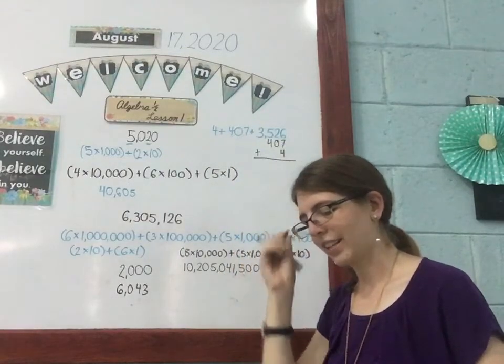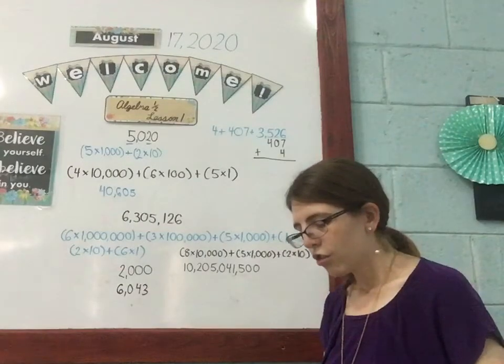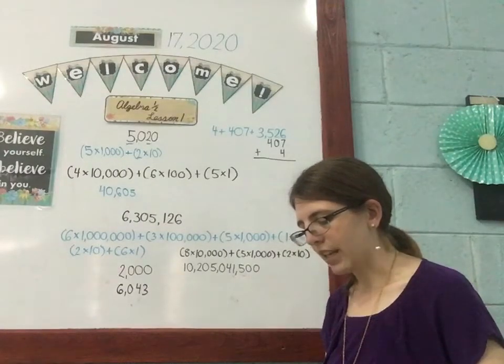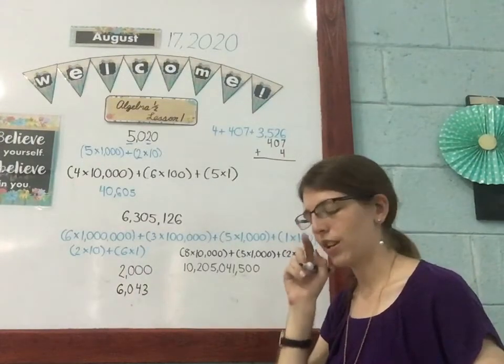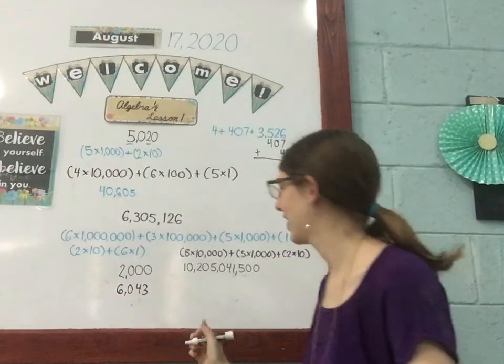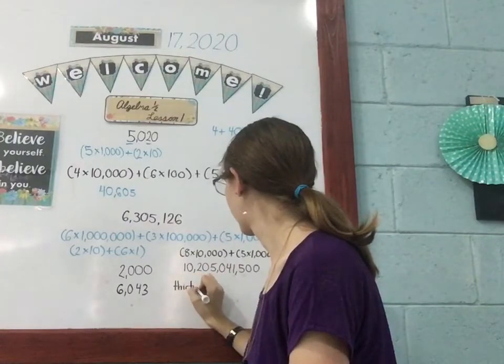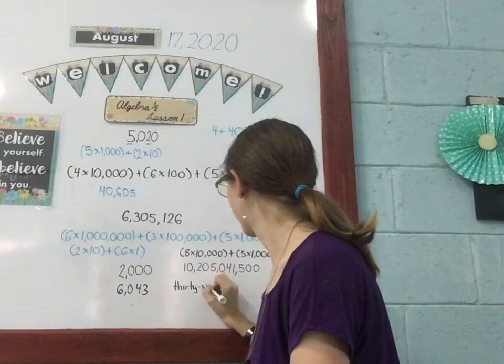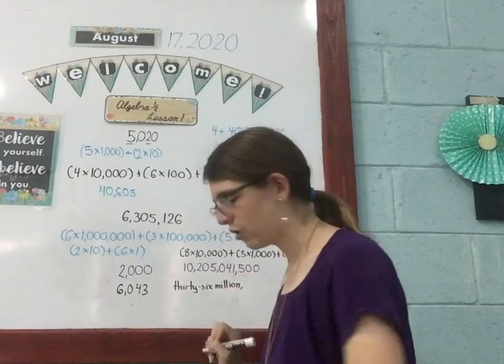All right, and the last one. Use words to write this number. 36,025,103. Separate each group with a comma.